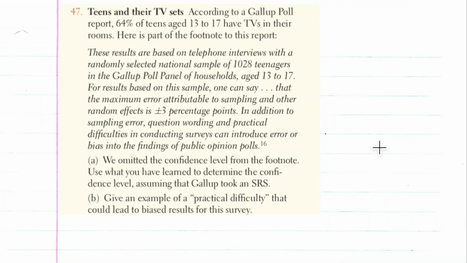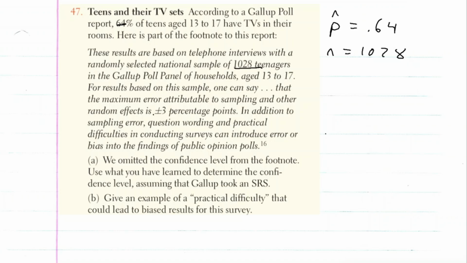So, part A, we omit the confidence level from the footnote. Use what you have learned to determine the confidence level, assuming that Gallup took an SRS. All right, so we have our sample proportion, p hat is equal to 0.64. We also have the number in the sample, n is equal to 1028.